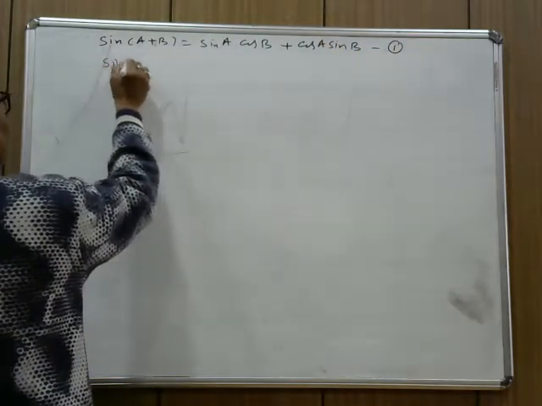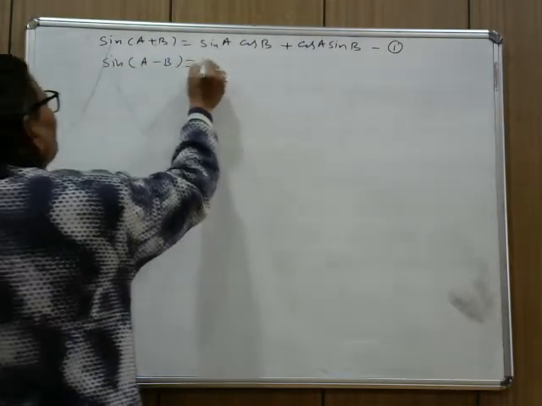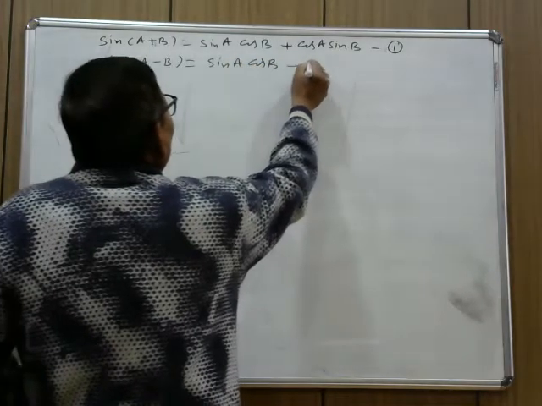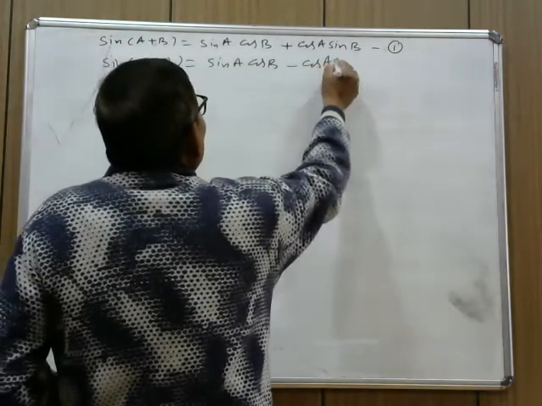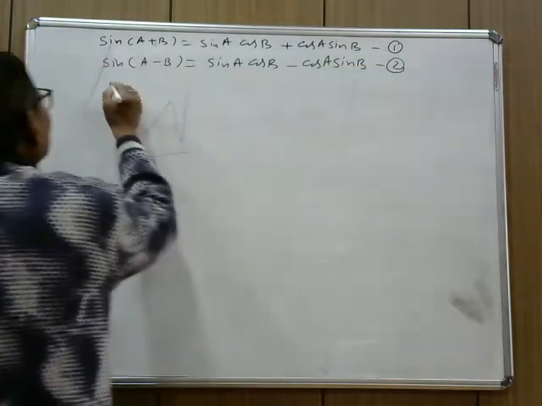Sin of A minus B is equal to sin A cos B minus cos A sin B. This is the second formula.